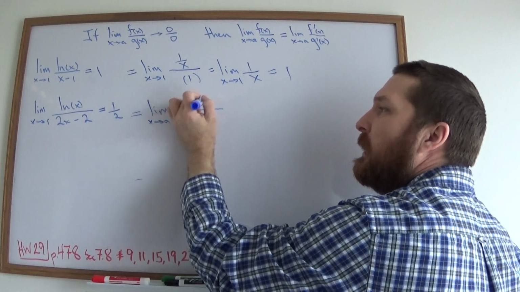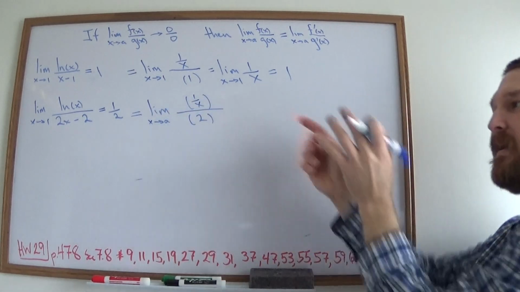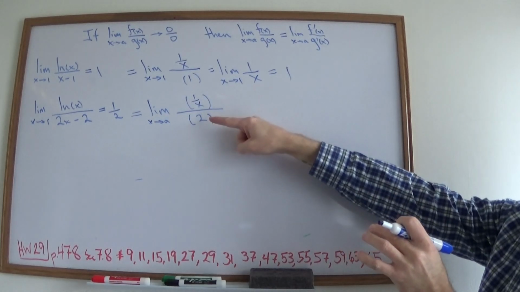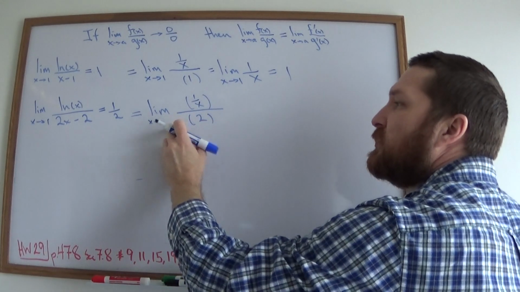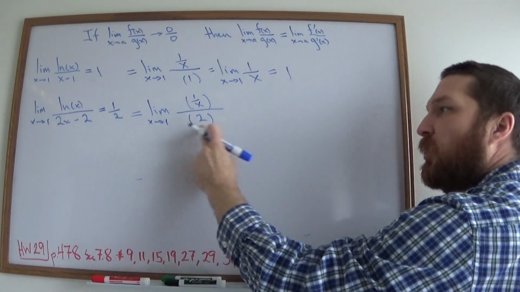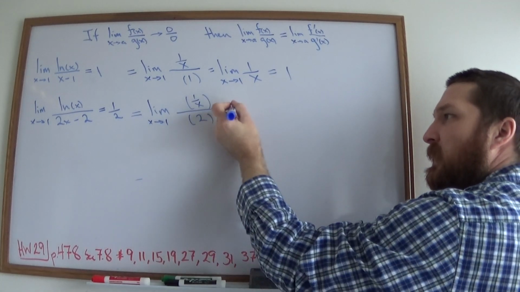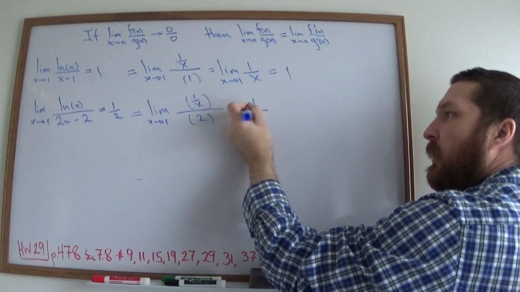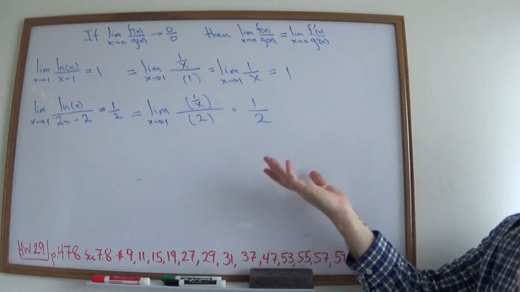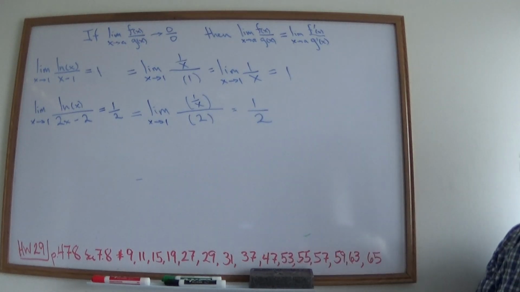So again, we're comparing the derivatives. This says just compare the slopes. The slope as this one goes to 1 looks like this. The slope as this one goes to 1 is this, and we get 1 over 1 is 1, over 2 is just 1/2, and there you go.